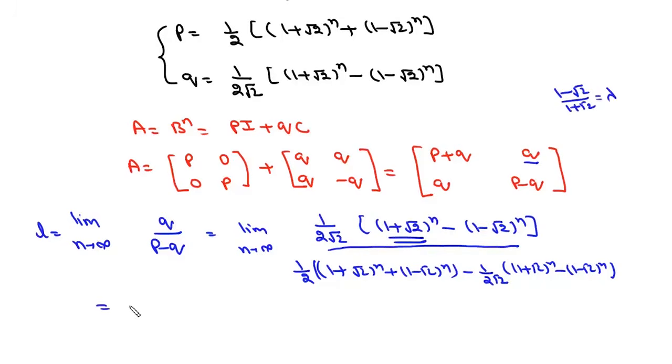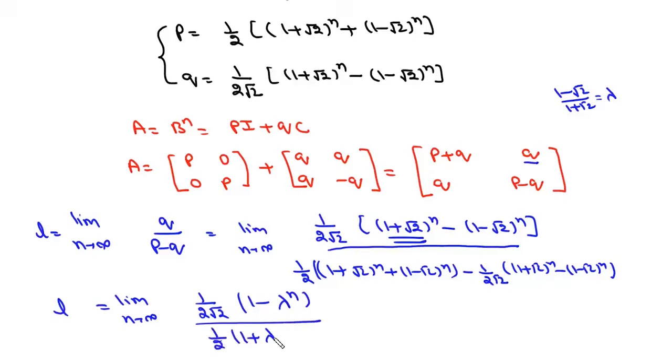So we can write this L as the limit as n tends to infinity of 1 upon 2 root 2 into (1 minus lambda to the power n), upon 1 by 2 into (1 plus lambda to the power n) minus 1 upon 2 root 2 into (1 minus lambda to the power n).